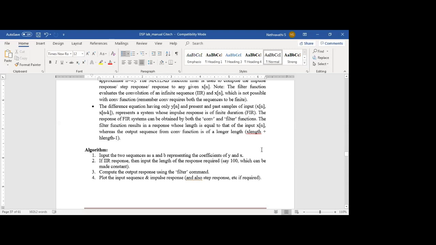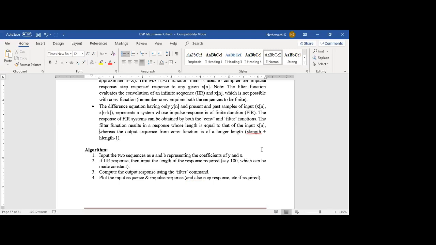Yes, coming to the algorithm, what we have done in this particular program is that I am taking two sequences. What are those two sequences? The two sequences, that is y of n and x of n. And those two sequences I am representing as coefficients. The output coefficients y as a and my input coefficients x as b.